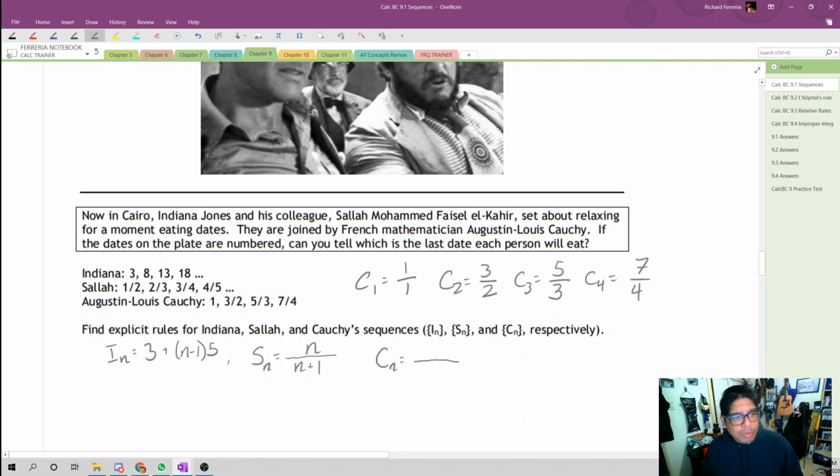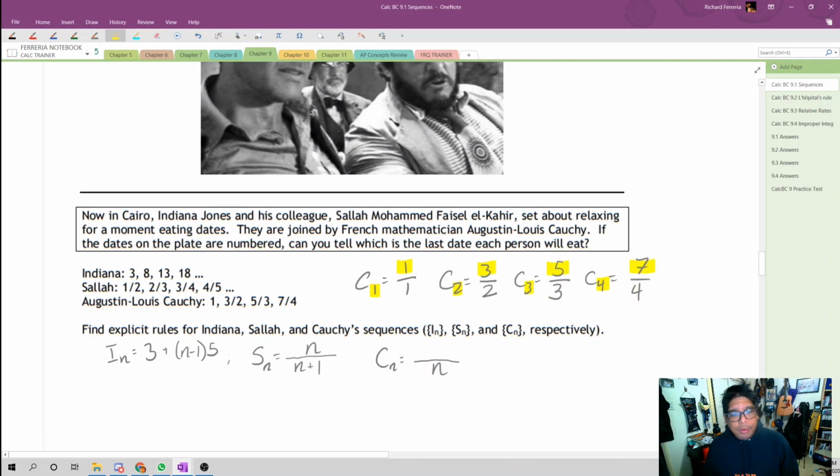Let's do the same thing with the Cauchy formula. C1, we have 1/1. C2, we have 3/2. C3, we have 5/3. And C4, we have 7/4. So immediately, the first thing that jumps out is that the denominators are the same as the index numbers. So if that's true, that means we could just put an n in the denominator.